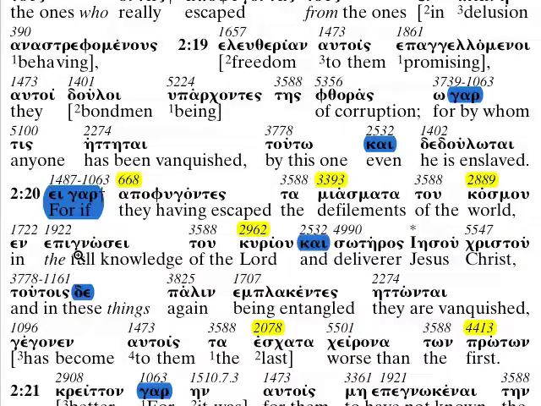For if, there's two particles, ei and gar, and if they having escaped, the fugitive again, the miasmata, the defilements of the cosmos, in full knowledge, not just saying the sinner's prayer, but having the full knowledge of the Lord. And they know who Jesus is. They've accepted him. They know who he is. He's the Lord and their deliverer, the Savior.